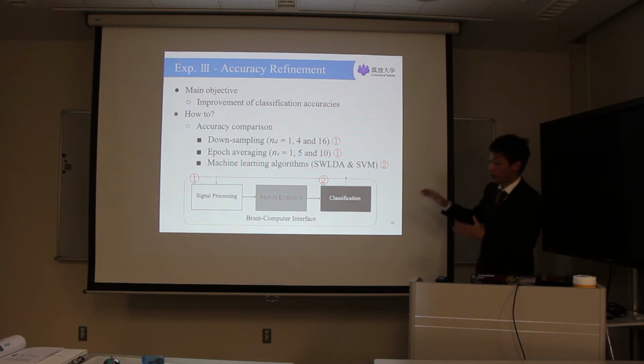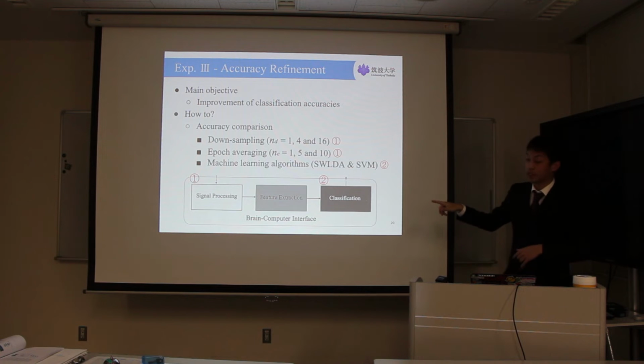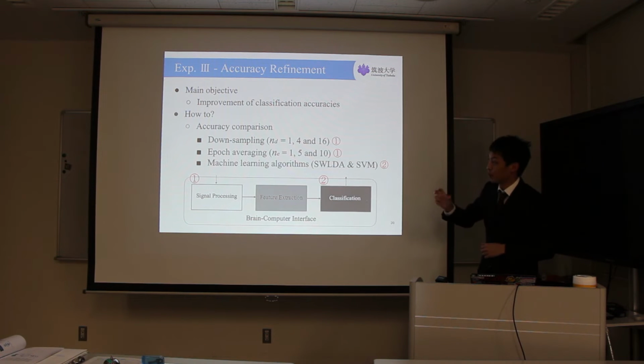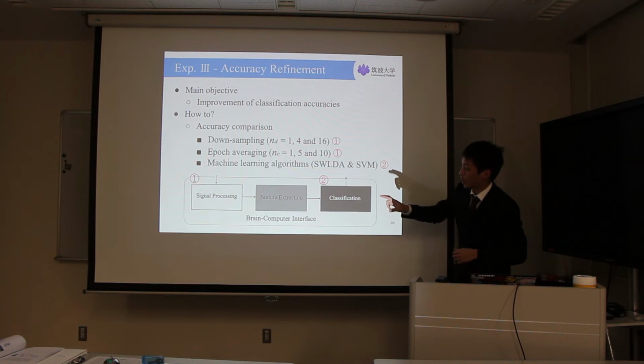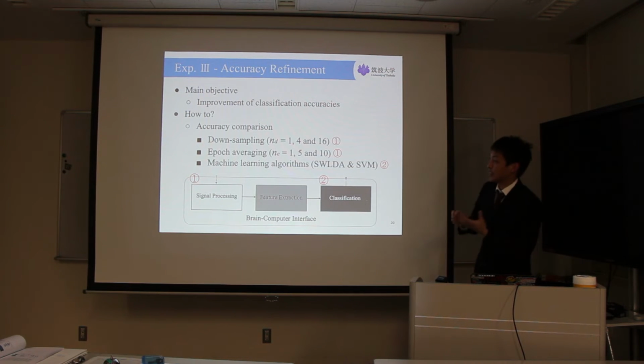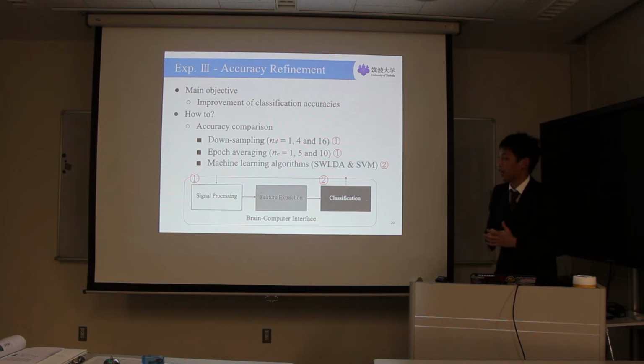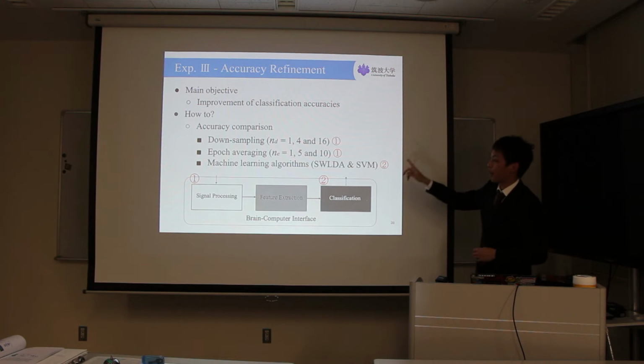As I showed you at the beginning of this presentation, these are the main functions of the brain-computer interface. We tried to modify some parameters in the signal processing section by changing the signal decimation factor of the downsampling to 1, 4, and 16, and changing the ERP average settings to 1, 4, and 10.